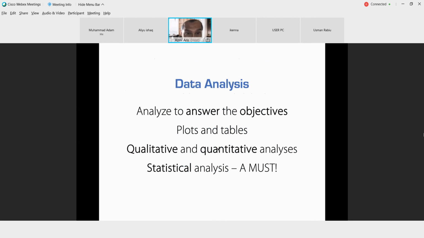And then make sure that the data analysis will answer all the objectives of your study. And data analysis can come in the form of plots and tables, qualitative and quantitative analysis. And then the data should, although the data was not acquired according to a statistical approach, need to be analyzed statistically.